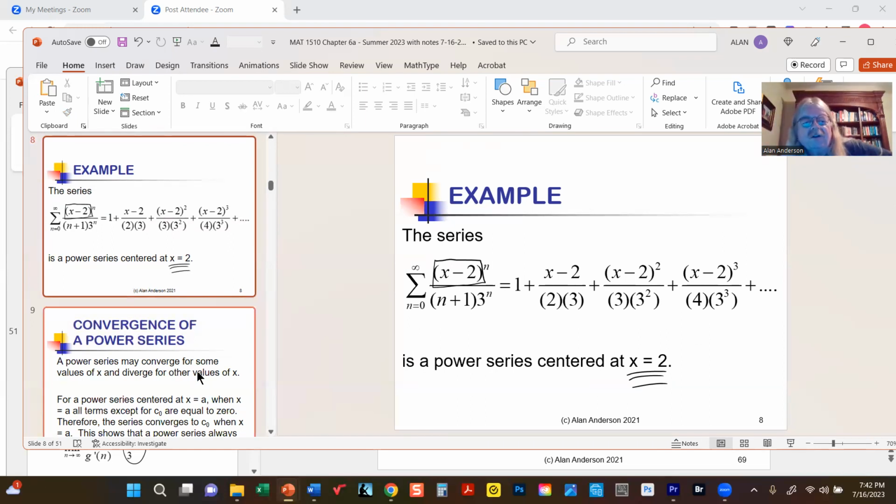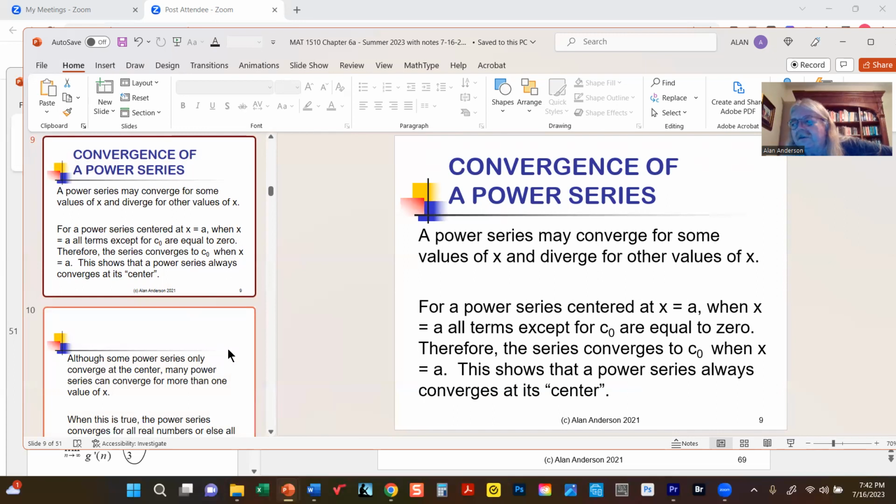Now, convergence. Of course, this is a series. We want to know if it converges. That's awfully important. So a power series may converge for some values of x and diverge for other values of x. If the power series is centered at x equals a, when x equals a, all terms except for c0 are equal to 0, which means that the series converges to c0 when x equals a.